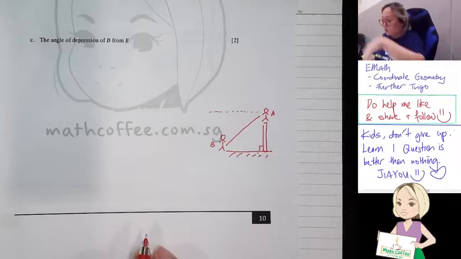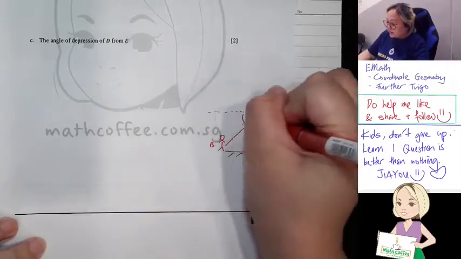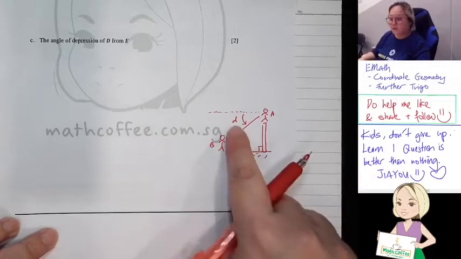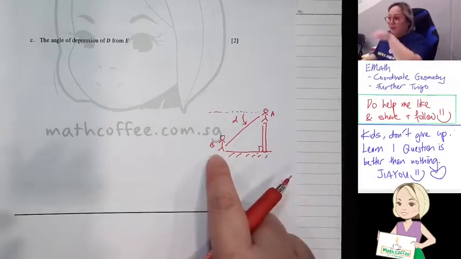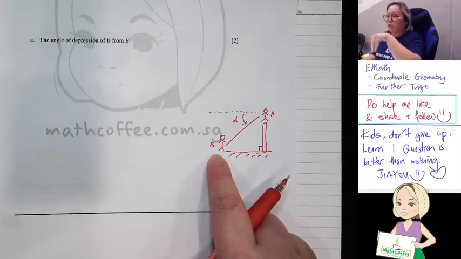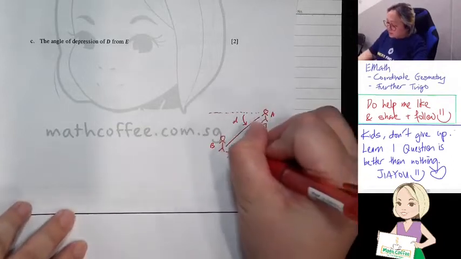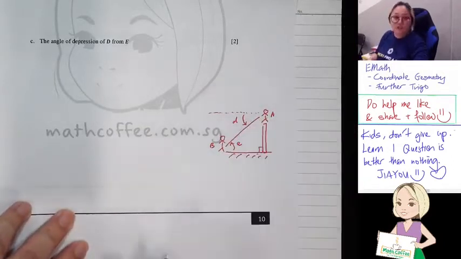Depression is looking downwards, so this is angle of depression. Person B is looking upwards. He is looking at A. If he's looking upwards, that's called angle of elevation. So it's horizontal, then move up.